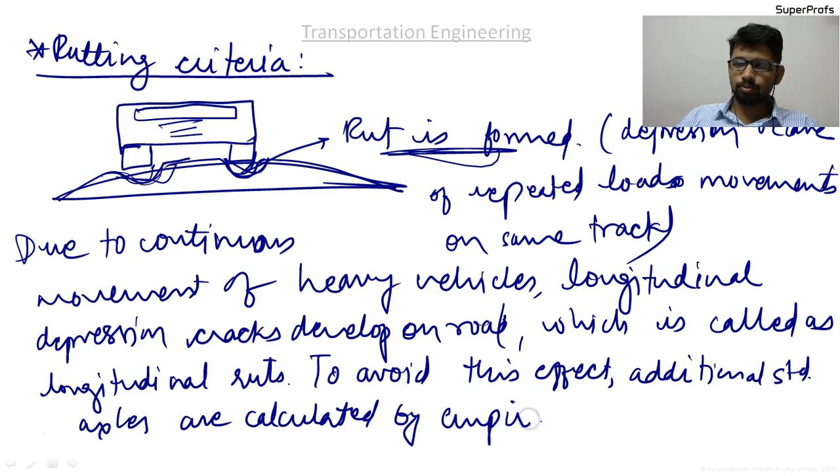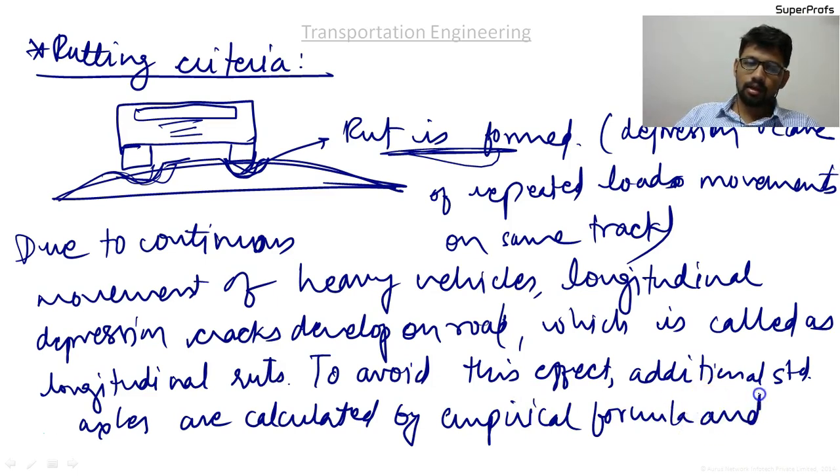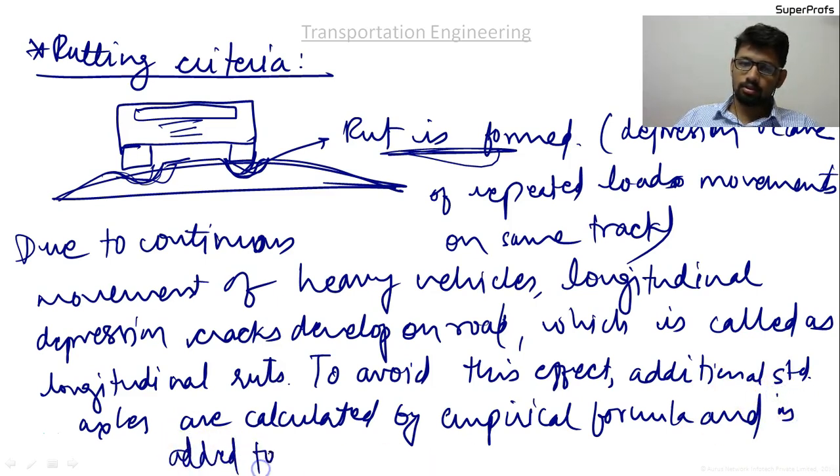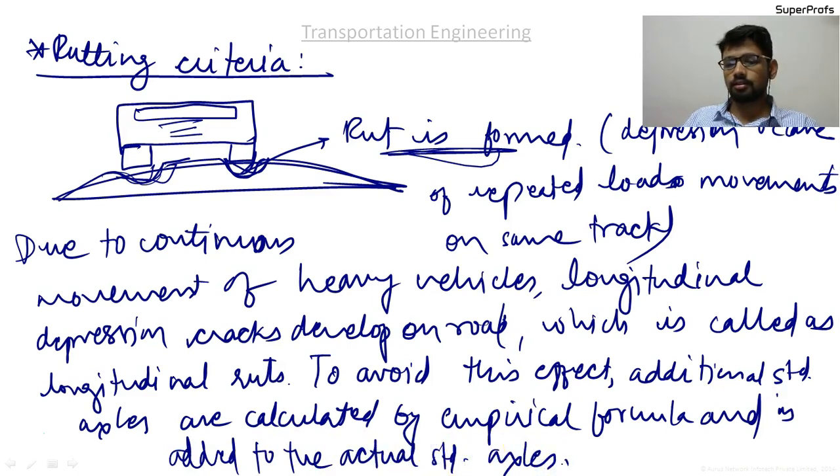Please look for the spelling. Empirical formula, and added to the actual standard axles. So this is how it has been accounted for: there is an empirical formula, you find out the additional standard axles, and they are added to the actual standard axles.